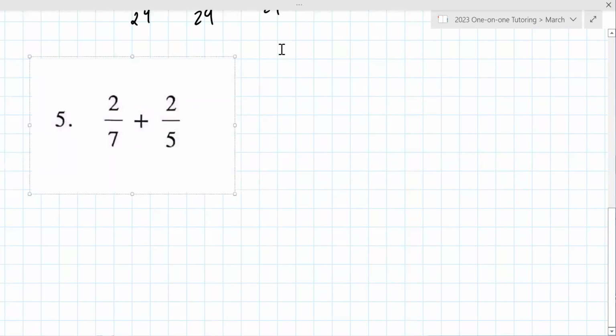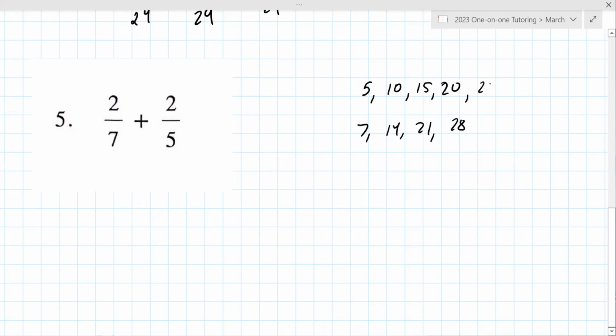So we got 2/7 plus 2/5. Again, there's no way to make the 5 into the 7. So you've got to start writing them out: 5, 10, 15, 20; 7, 14, 21, 28. And you're like, darn, it's not matching up. So you can multiply 7 times 5, which is 35.